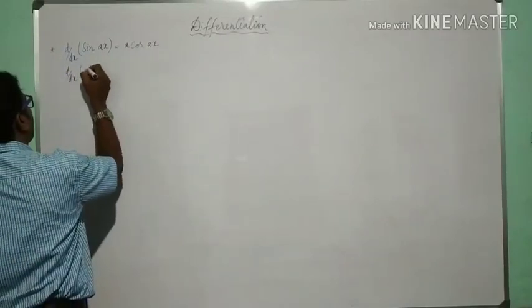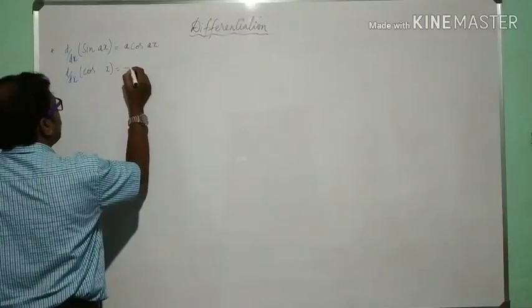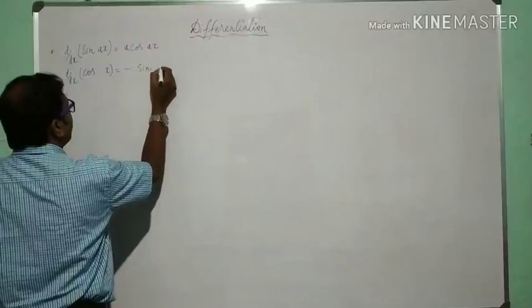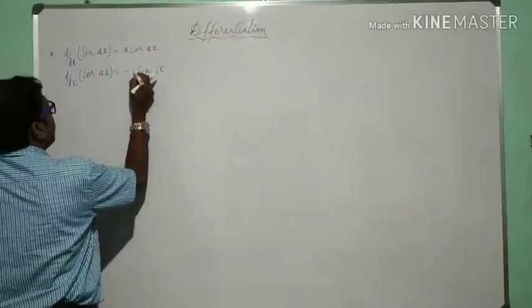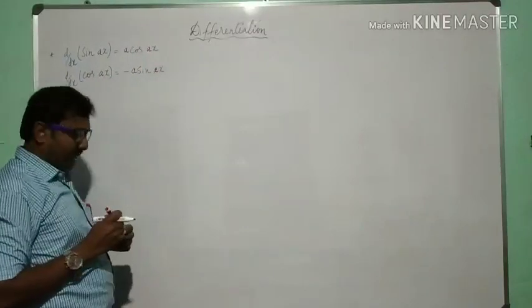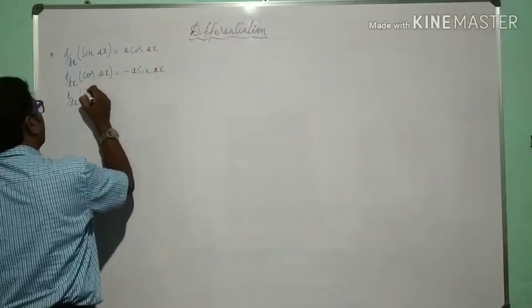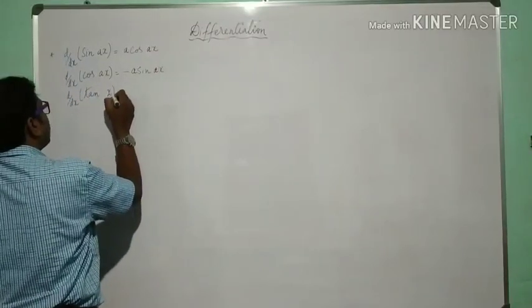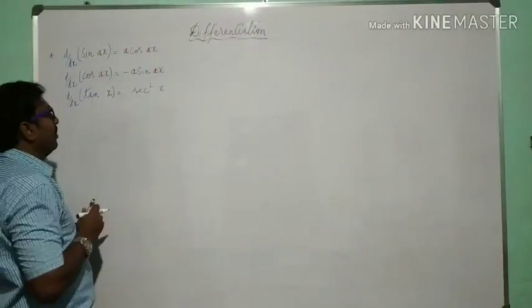D by dx of cos x is equal to minus sin x. Whereas if it is cos ax, you will take a sin ax with the negative sign. D by dx of tan x is secant square x.